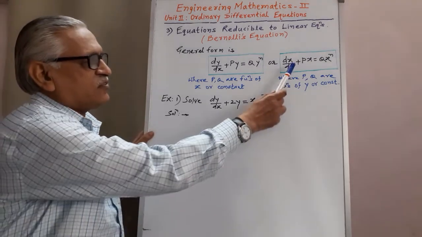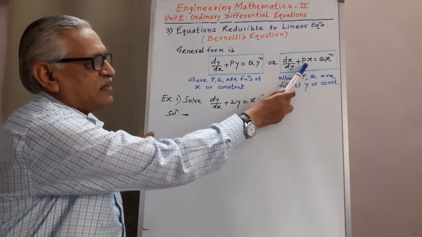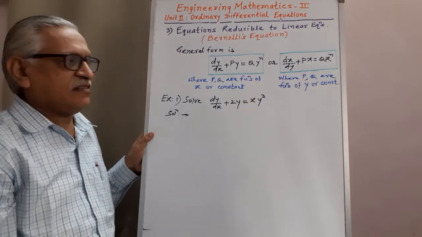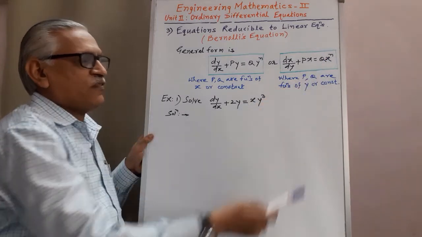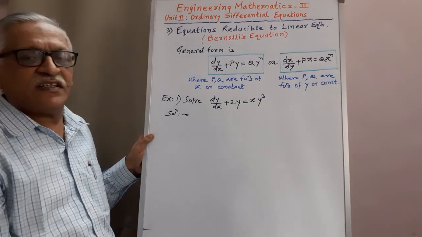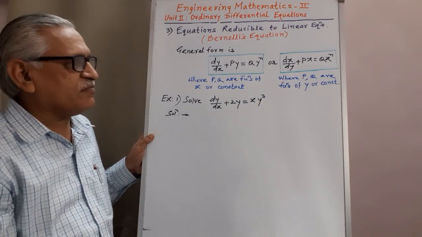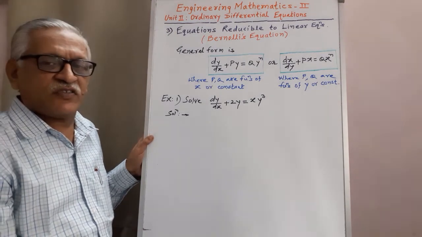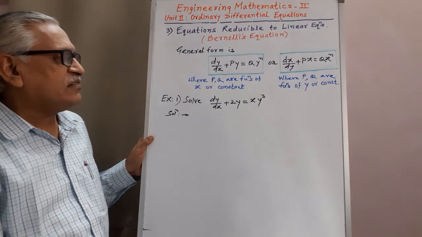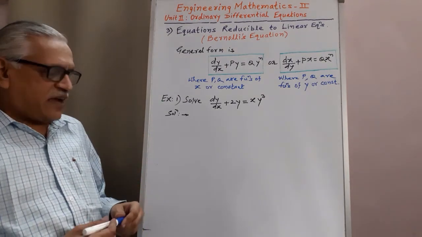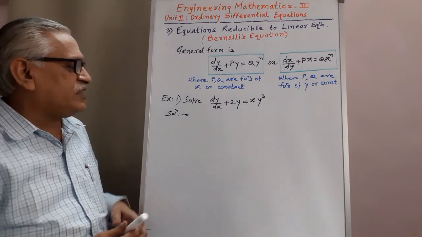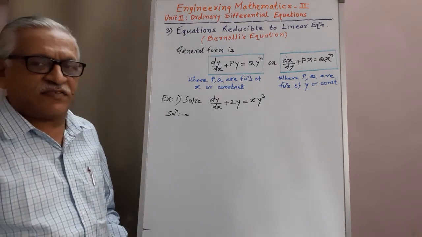The same way here also, x is the dependent variable, degree of x is 1, degree of dx by dy is 1, but the degree of x on the right hand side is n, and due to that term it is not a linear one. But we can reduce it to linear by substitution. And to explain this, we try to solve some examples.